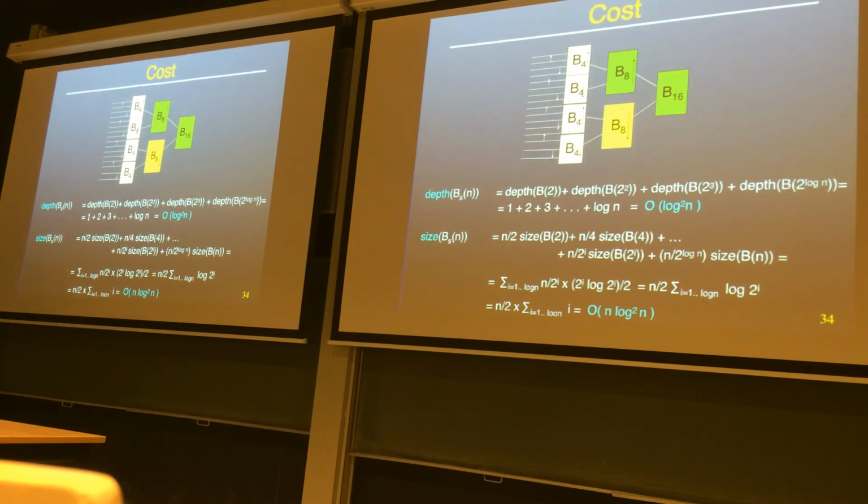If you count, the depth of a B2 is 1, the depth of a B4 is 2, so this is 1 plus 2 plus 3 plus up to log n, and that's O of log squared n.